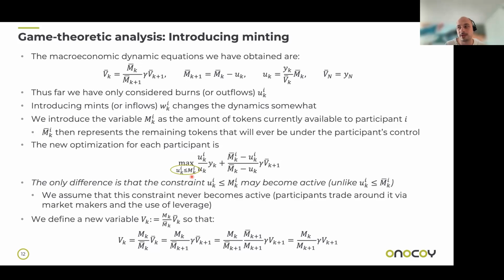Now, I would say, apart from being complex, it's also unnecessary, because in reality, people that are hitting against constraints when they're burning their token, these amounts are probably small. And more importantly, this can be traded around.